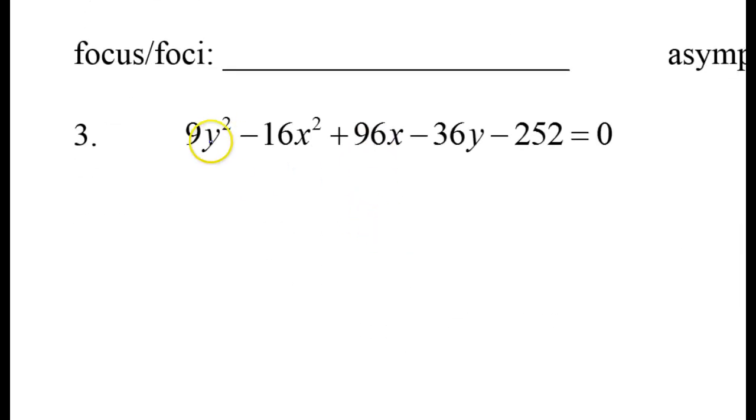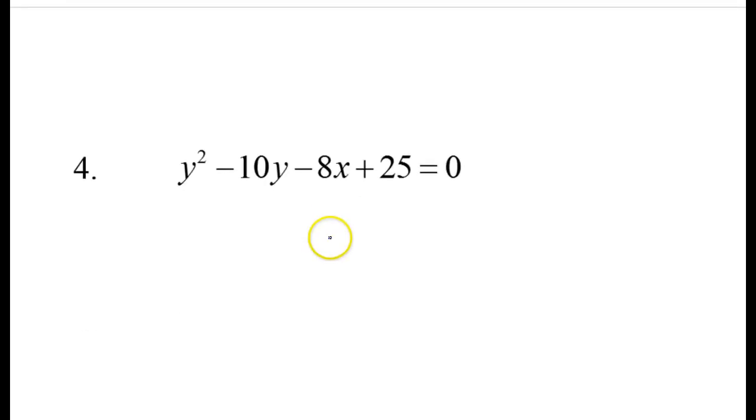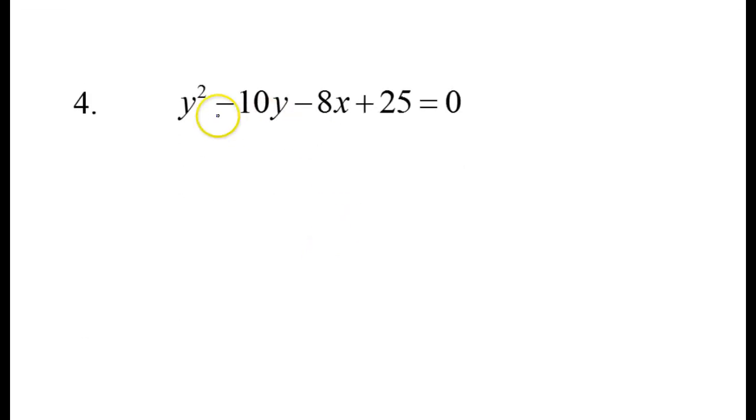Looking at this one, I see that x is squared and y is squared, so it's not a parabola. However, the signs are different. I have a positive 9 and a negative 16. That immediately tells me that this is a hyperbola. On this one, only one variable is squared, so I know it is a parabola.